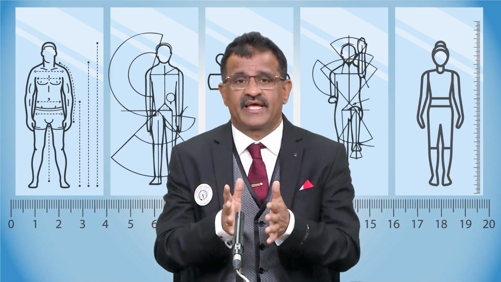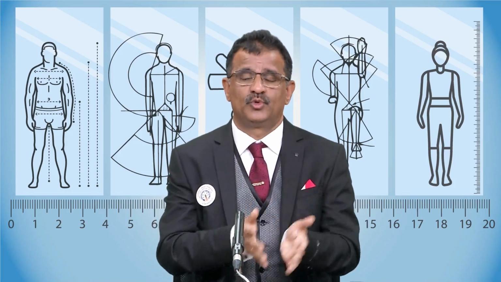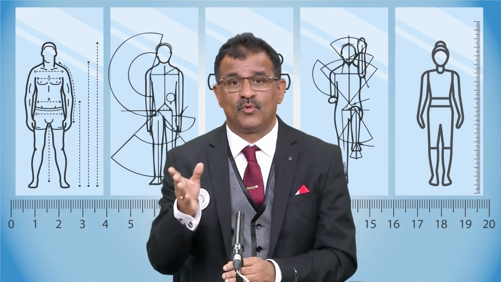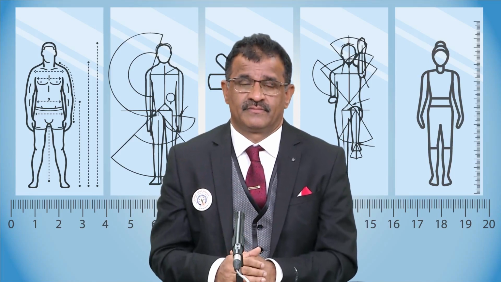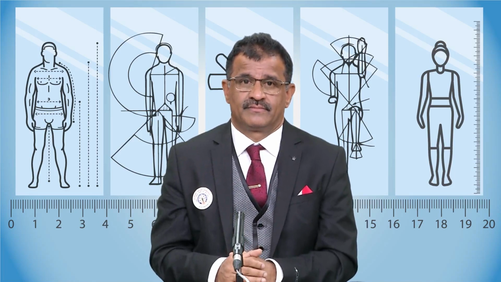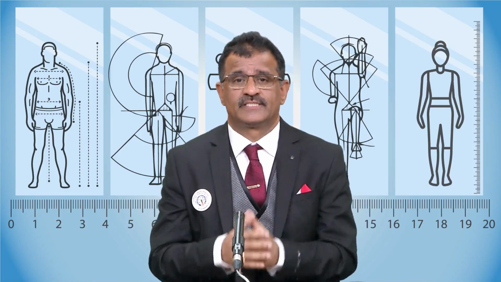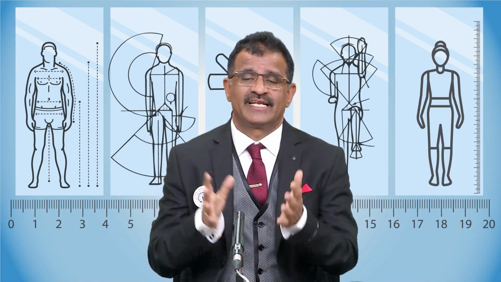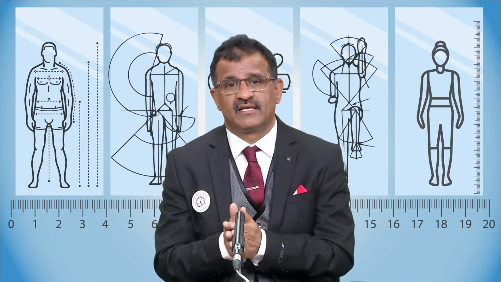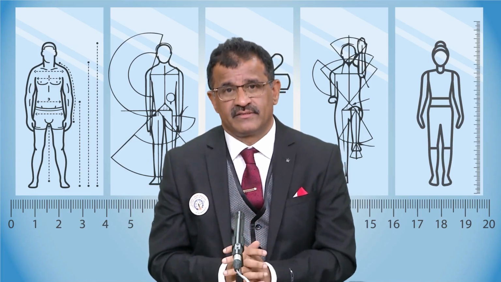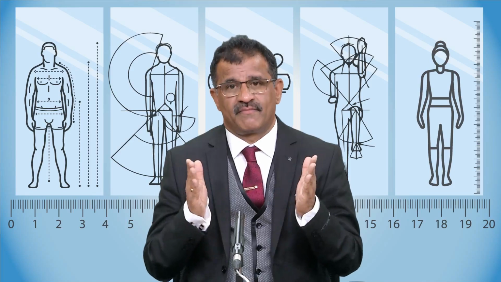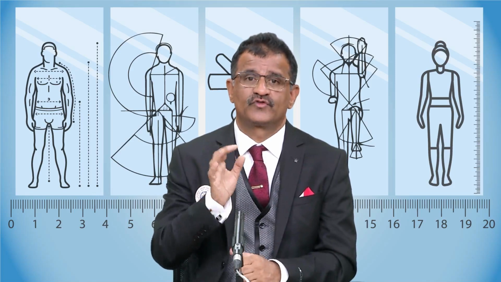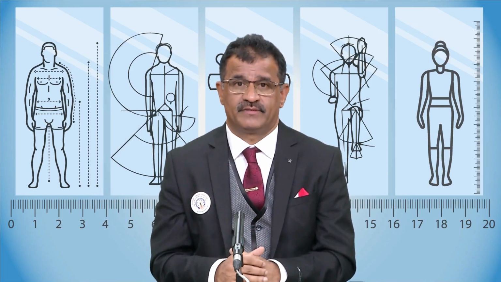You can understand who is normal, who is abnormal, what is less, what is more. And all these clinical studies are included in clinical subjects, mainly in community medicine. But for first BHMS students, anthropometry is more useful in human anatomy.